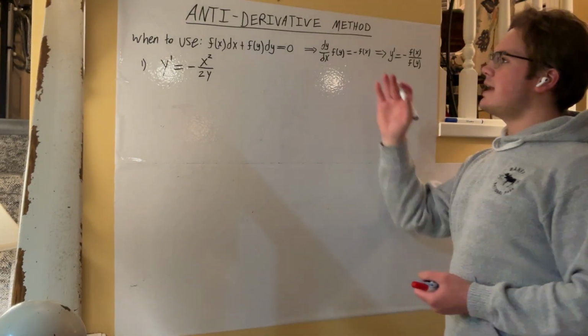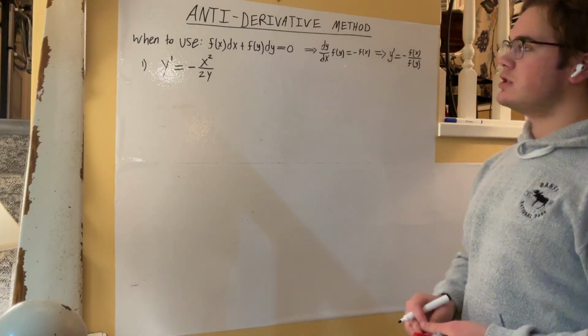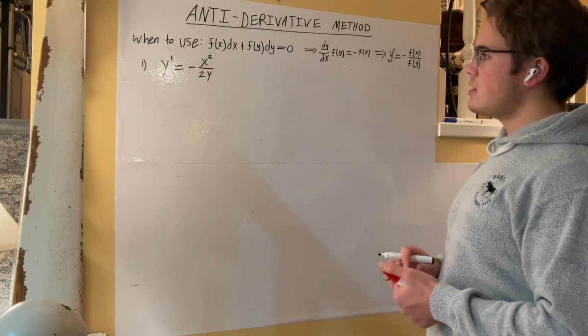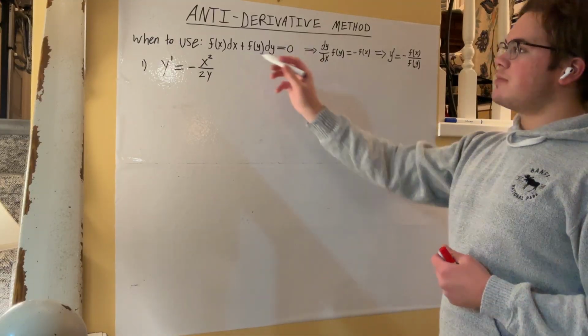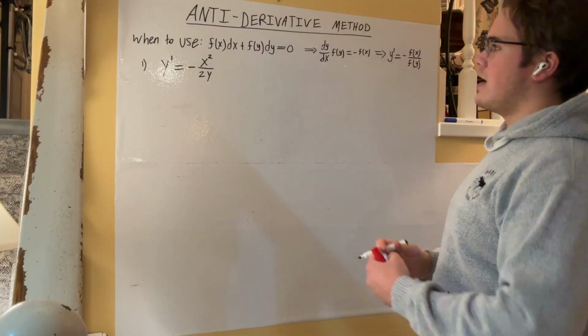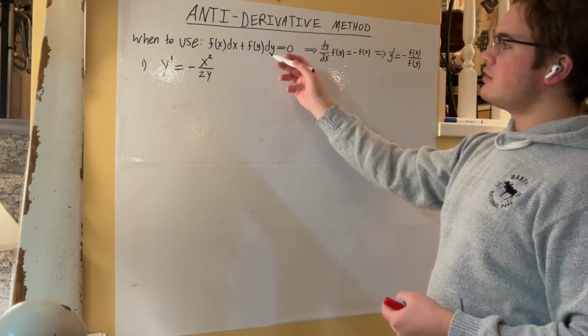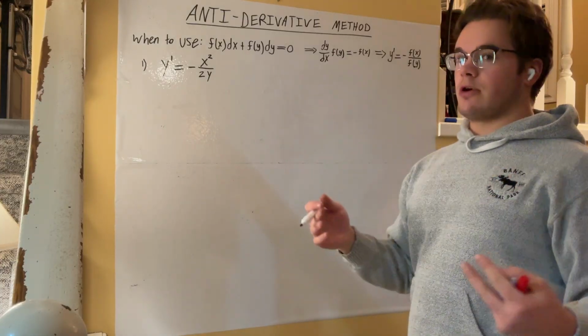Okay, this is the antiderivative method for solving an ordinary differential equation, specifically a first order differential equation. So we have our problem here, and just note up top here, we're using this method when we have a function of x dx and a function of y dy, and the whole thing is equal to 0.